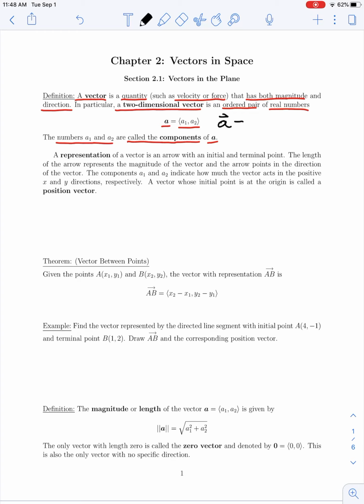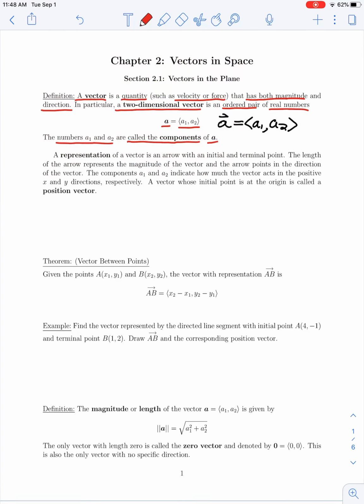So this notation is what we would use by hand to denote a vector A, which has components A1 and A2 that we would write in these angled brackets. So let's think about what our components represent and how we might be able to visualize vectors in the plane.